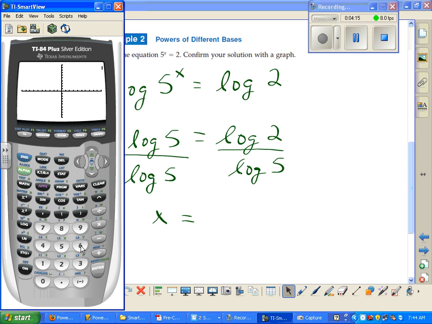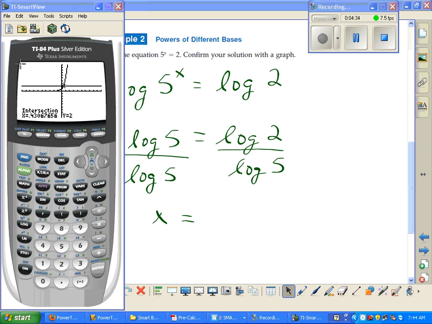We'll hit zoom 6, our standard viewing window, and we can see where they intersect. We'll hit second trace and number 5 for intersection. When there's only one intersection point, you can just hit enter 3 times. And there we can see that graphically, we got the same answer.